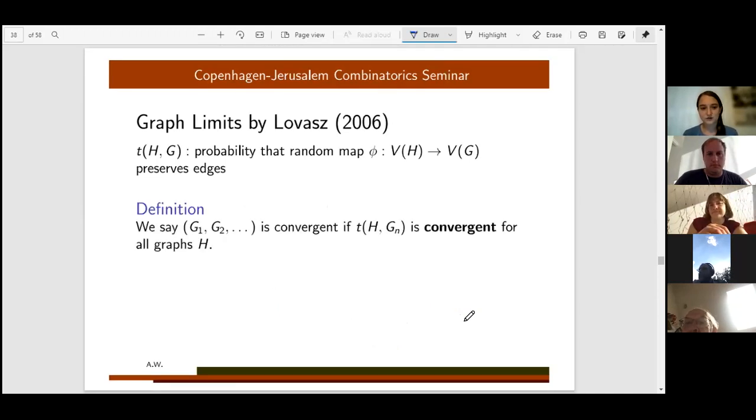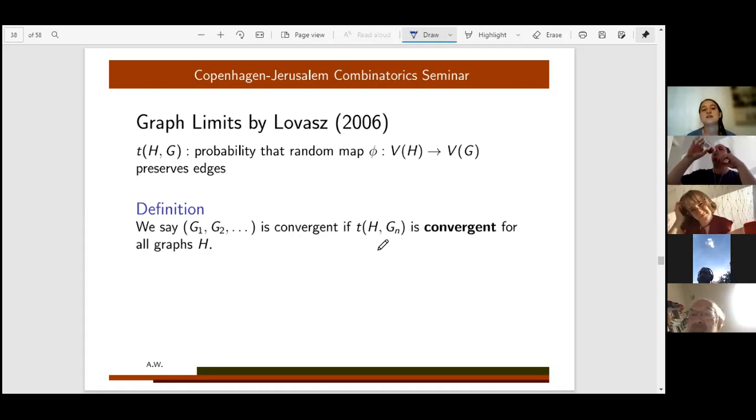And what Lovász showed, or first he defined, sequence of graphs, and they are growing graphs, so the number of vertices increases. Usually one doesn't have to define it like that. But we say that the sequence of graphs is convergent if all these densities for every graph H converge.